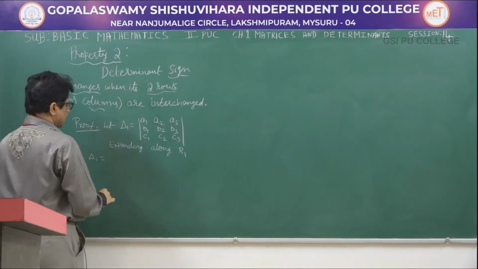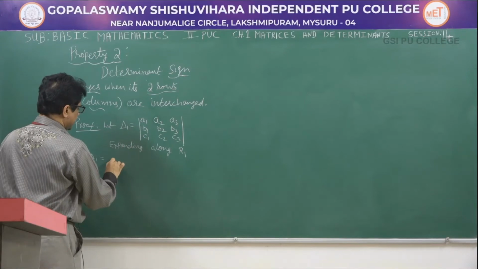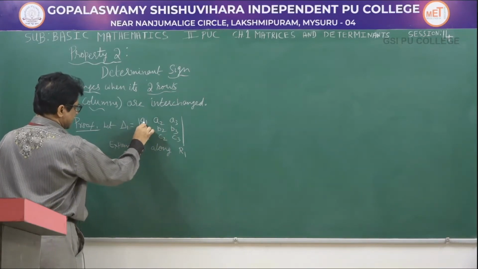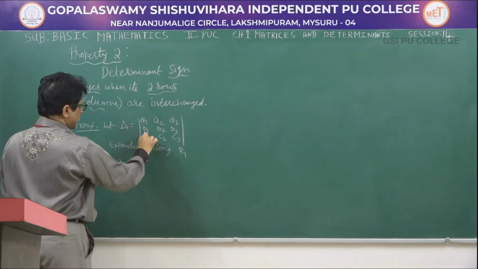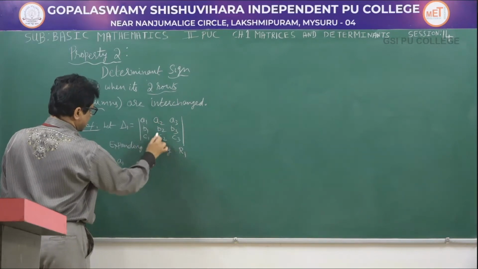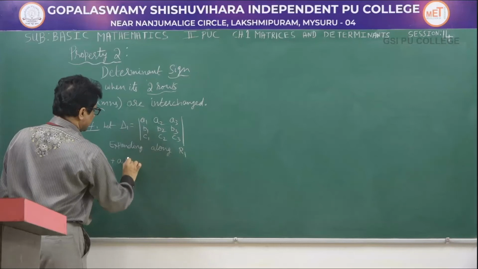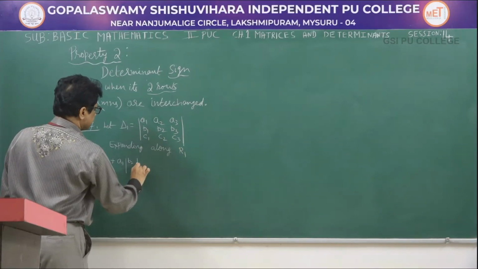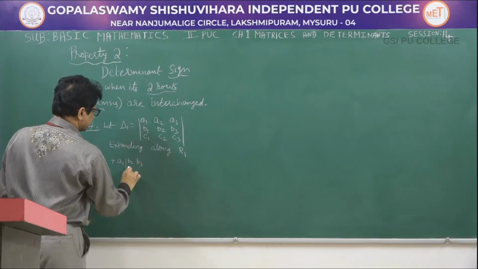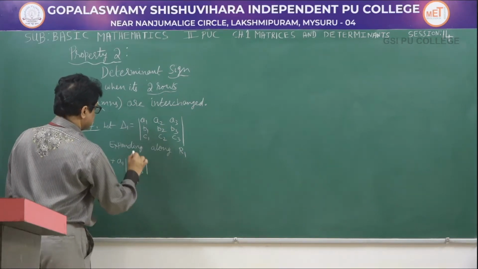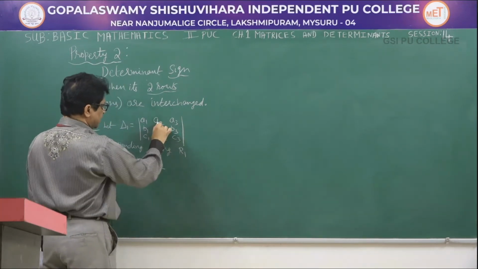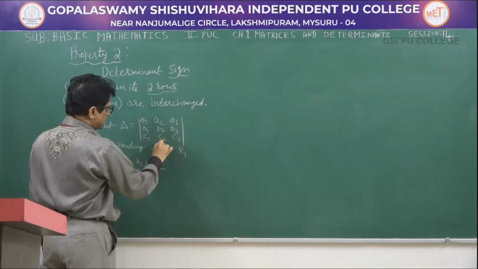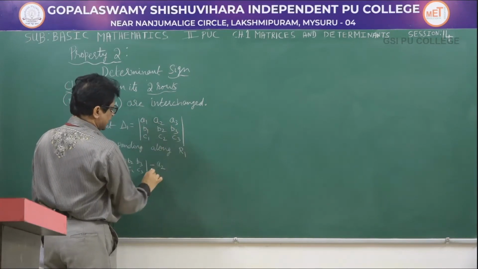So, delta 1 is equal to, so first element is A1, first we have to write plus, and the first element of R1 is A1. So, A1 lies in the first row and first column. We eliminate the first row and first column and take the determinant of the remaining elements, that is determinant of B2, B3, C2, C3, minus next element is A2. A2 lies in the first row second column. We eliminate the first row and second column and take the determinant of the remaining elements, that is minus A2 into determinant of B1, B3, C1, C3.